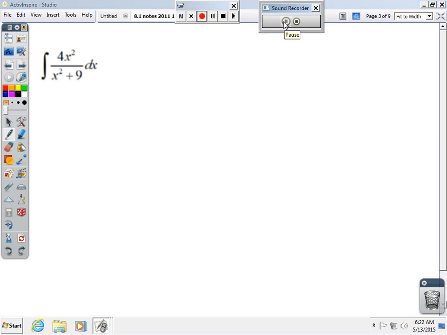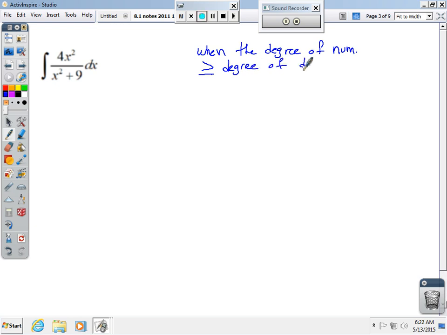For this one, I'll write this little rule out. When the degree of the numerator is greater than or equal to the degree of the denominator, you need to do long division and rewrite that fraction.